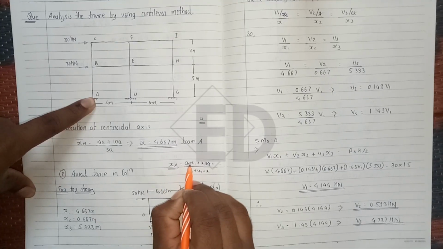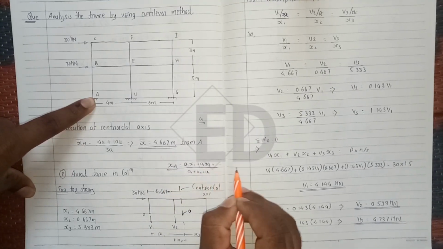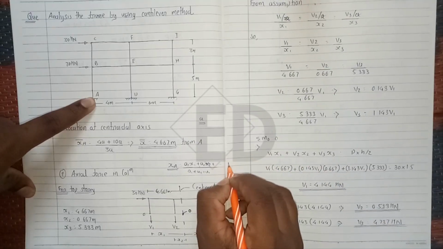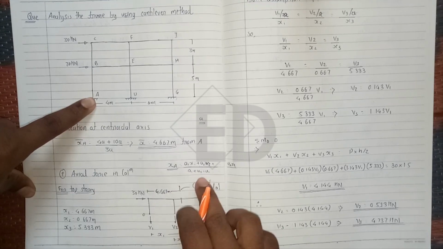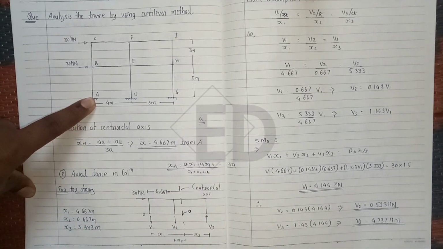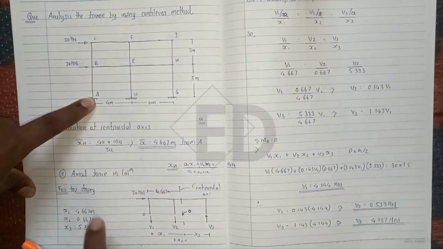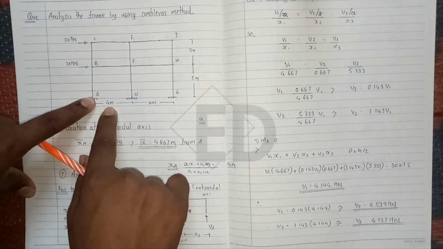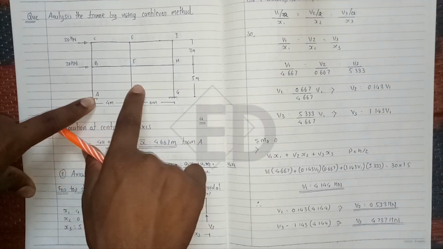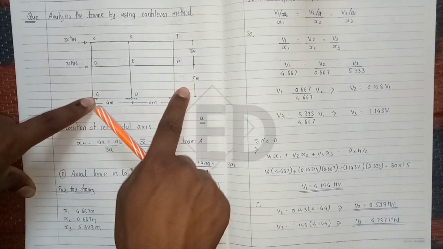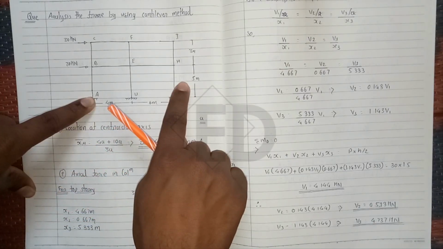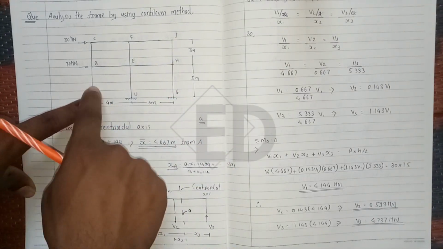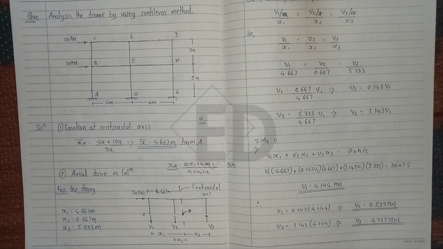We know the centroidal axis x bar equals (a1 x1 plus a2 x2 plus and so on) upon all the area, that is a1 plus a2 plus a3 plus a4 and so on. Likewise we are calculating the centroidal axis. So here we take A as a reference point, hence x1 into a1, that is 4 into a, plus x2 into a2, that is 6 plus 4 means 10 into a, divided by total area 3a.